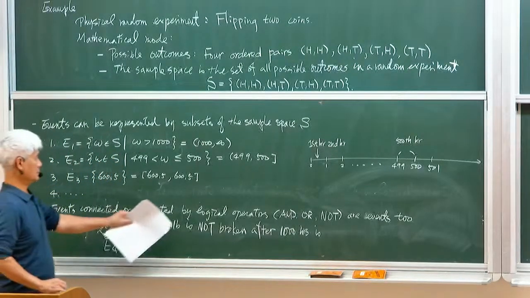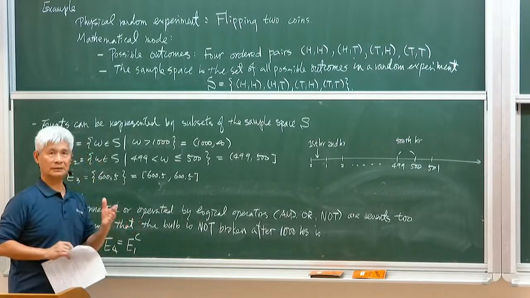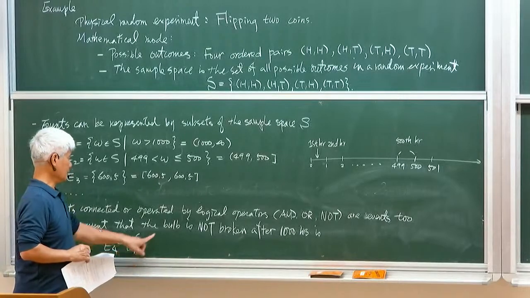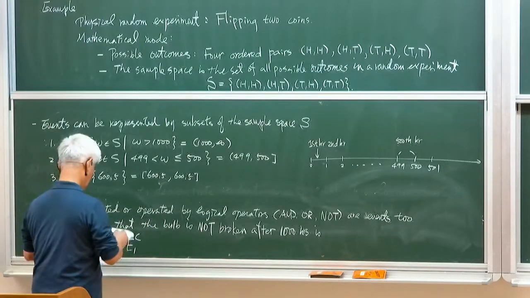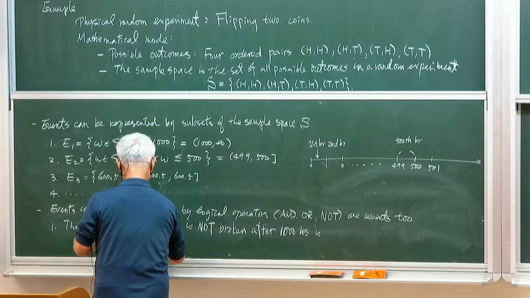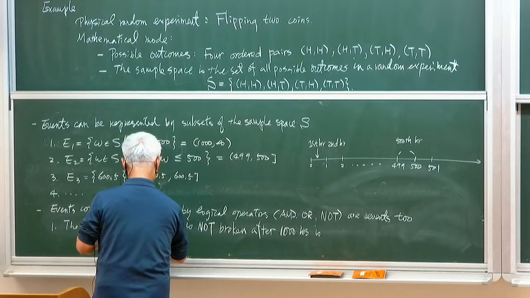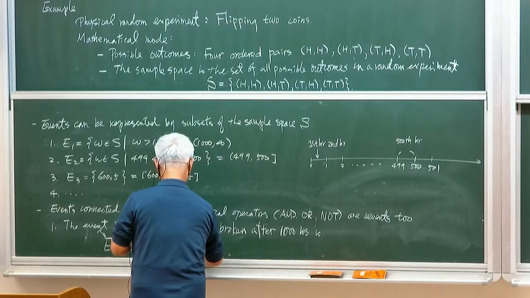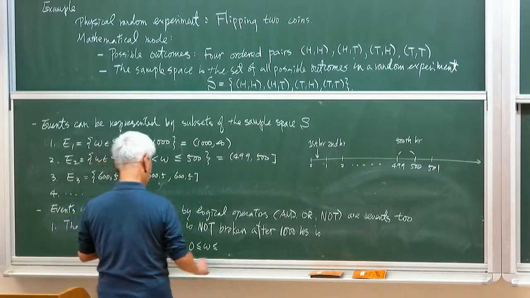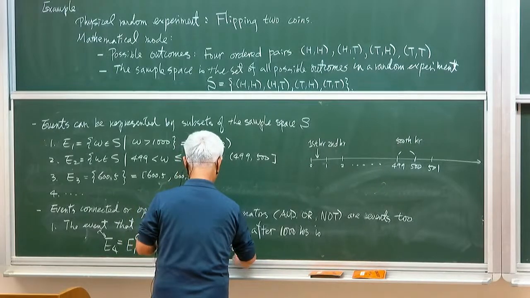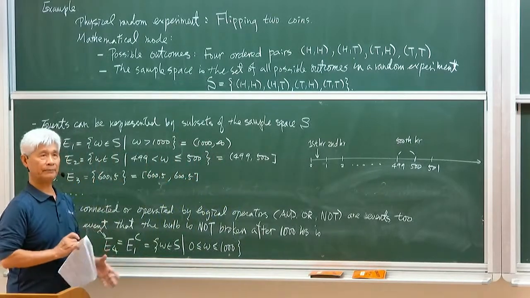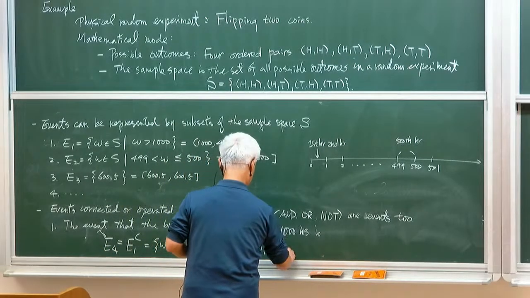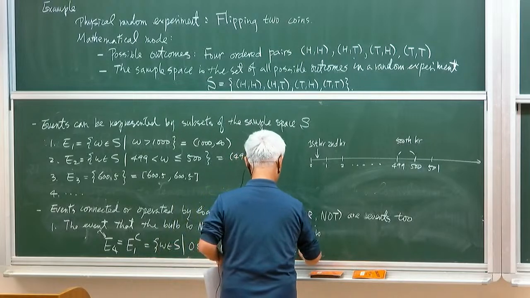Event 1 is that the light bulb is broken after 1,000 hours, and the NOT is the complement. So that is the set of outcomes between 0 and 1,000, including the two endpoints, so that would be 0 to 1,000.